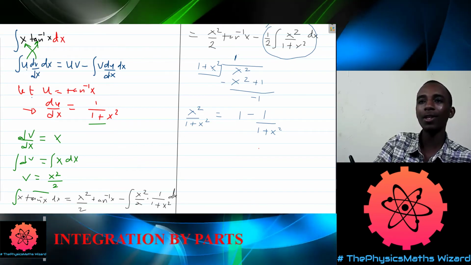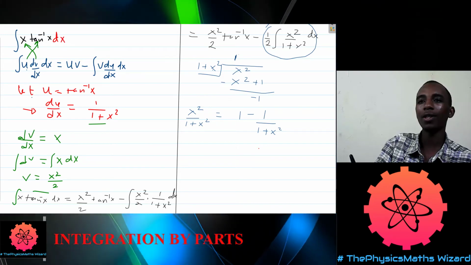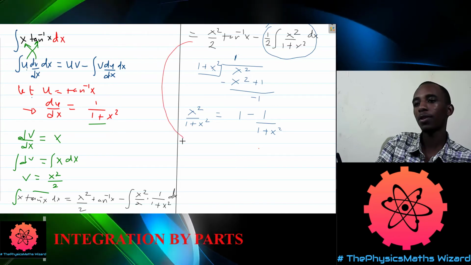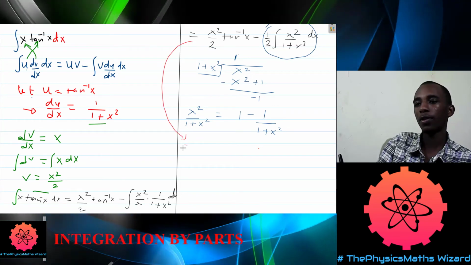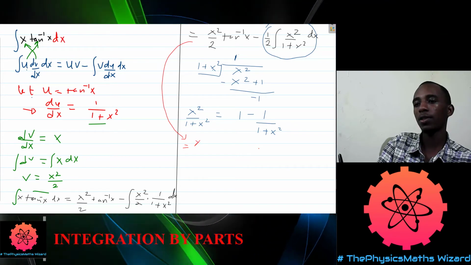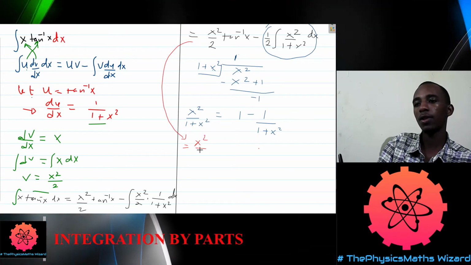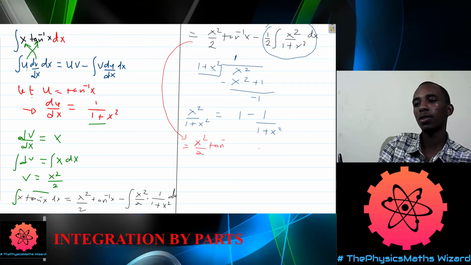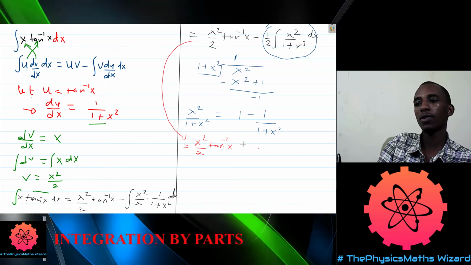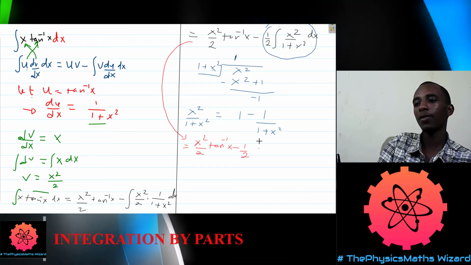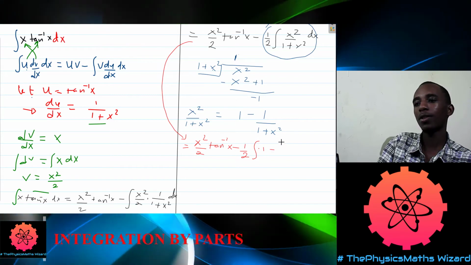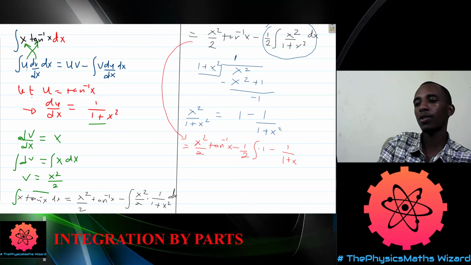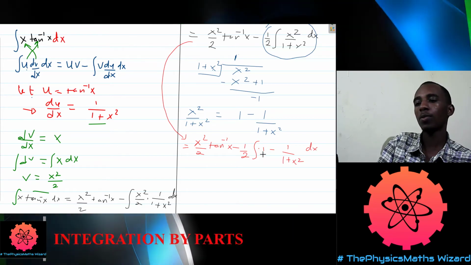So I will write the equation again. I'll now move down from here. So we have x squared divided by 2 arctan of x minus a half the integral of 1 minus 1 over 1 plus x squared with respect to x.